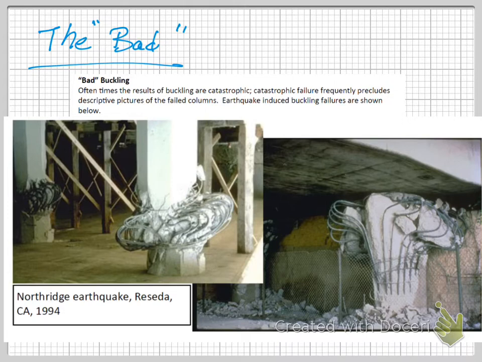And of interesting note, these types of failures, where concrete columns exhibited this explosion of the reinforcing steel bumping out of the column and failing the entire member, is what changed building codes to start requiring stirrups.